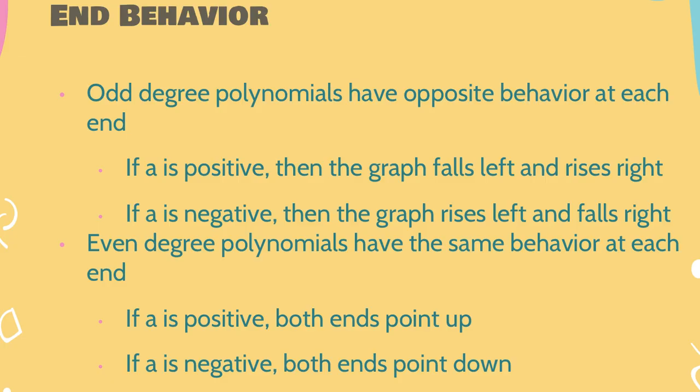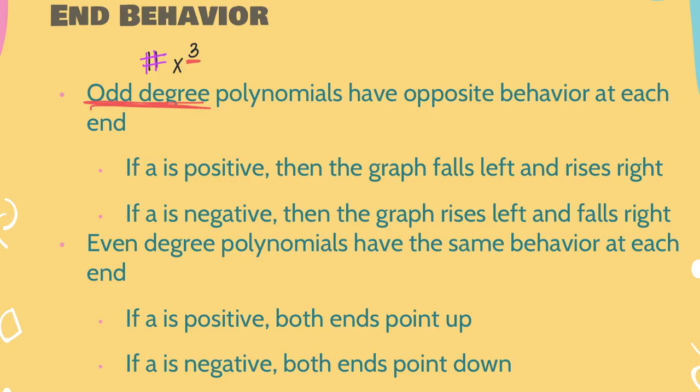So if I have an odd degree, okay, giving you an example for odd degree, I'm just writing a number sign because it could be any number. Let me do it in purple so we can see better. If I have any number and then x to the power of 3, my degree is odd, okay?